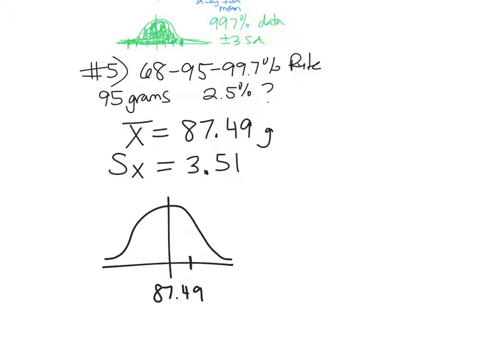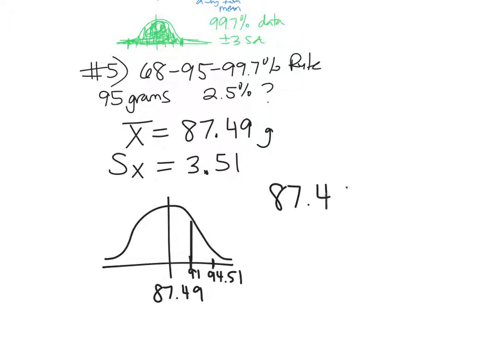It would be 87.49 plus 3.51, which is 91. So this would be 91 right here. That would be the 68% in there, and then I have to go one more. So add 3.51, and that is 94.51.